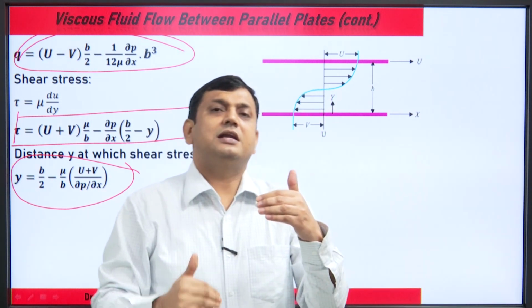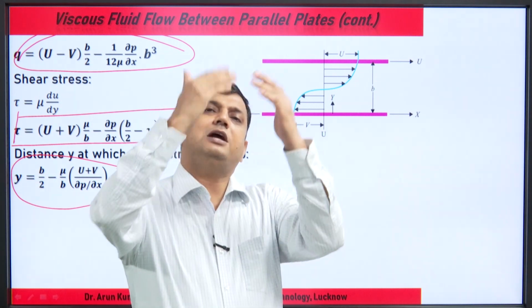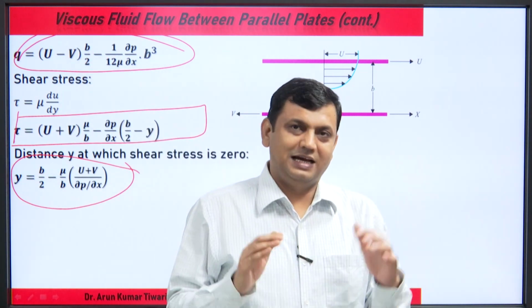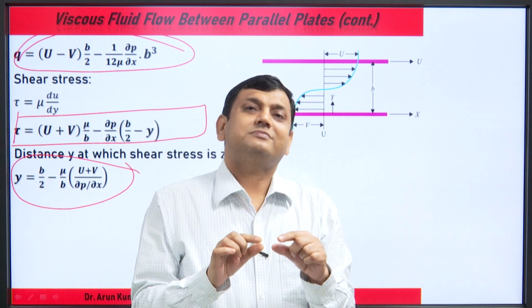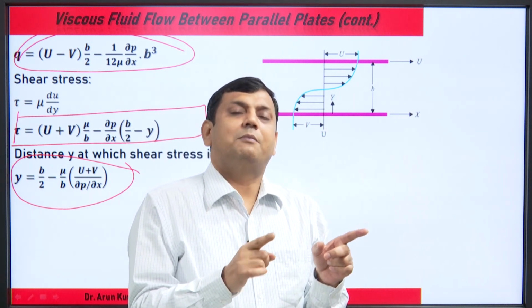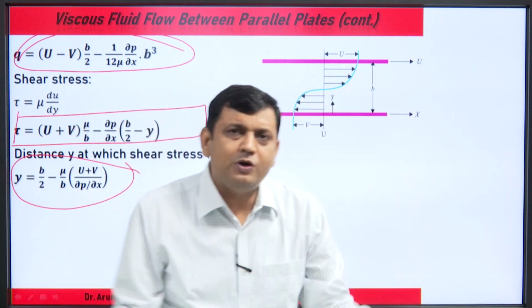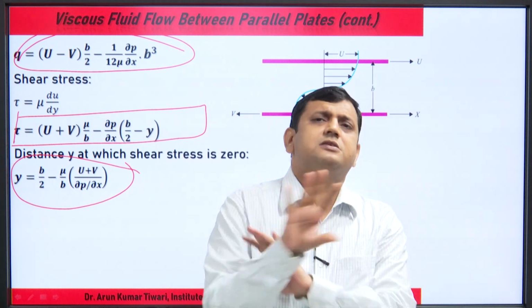If one is moving, at y 0, u is 0, at y b, u equal to capital U. For the opposite case, at y equal to 0, u becomes minus V, and at y equal to b, u becomes capital U. So using these boundary conditions, the concept is similar.